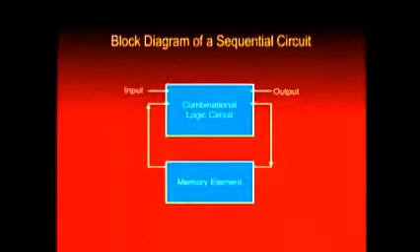As I mentioned before, it is composed of 2 parts, the combinational logic circuit and the memory element. In the diagram, you see a single input and a single output. The output from the combinational logic circuit is attached to the input of the memory element, and the output of the memory element is attached to another input of the combinational logic circuit.